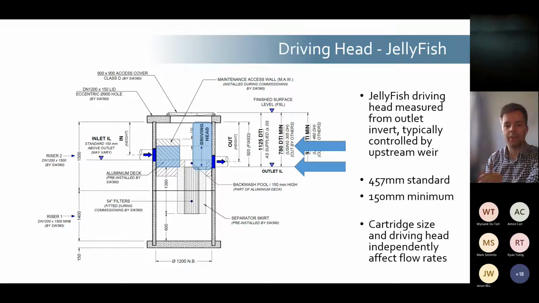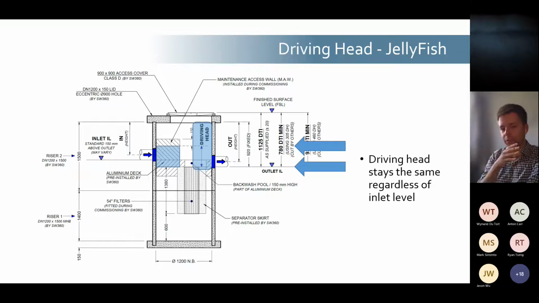As standard, the driving head for the JellyFish is 457 millimeters, but we can adjust that down to as little as 150 millimeters if required by site conditions. The cartridge size and the driving head, therefore, independently affect flow rates through the cartridges.